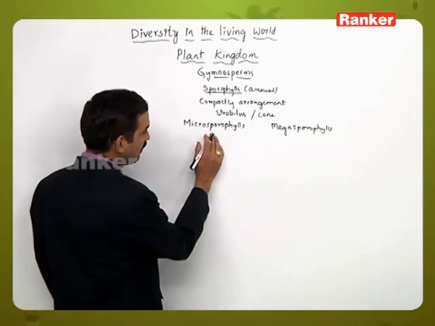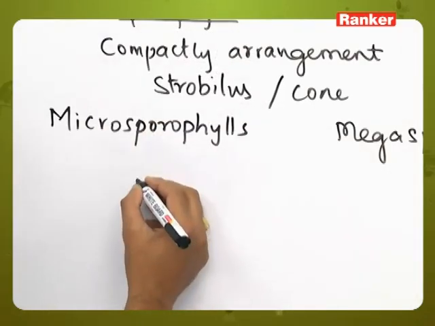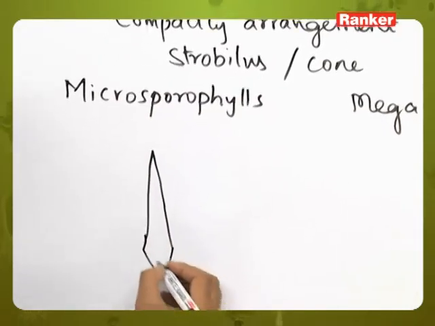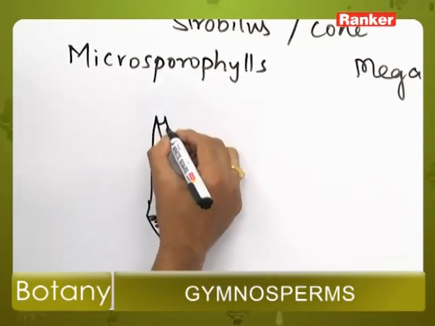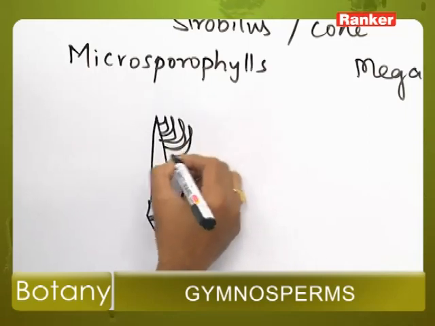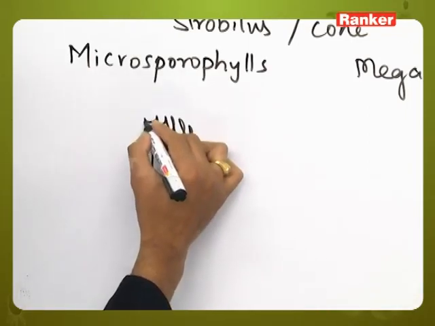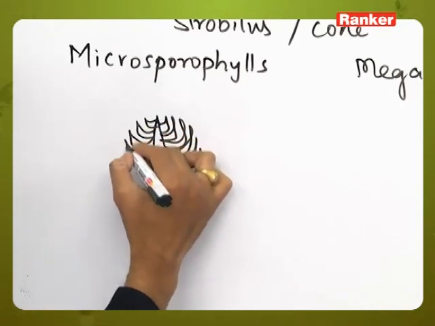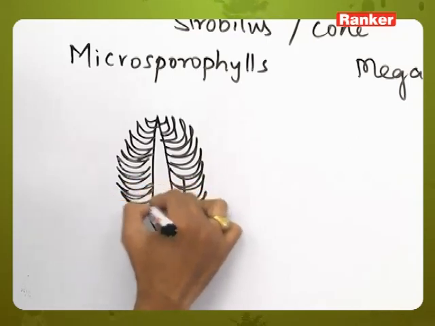When the microsporophylls are compactly arranged around a central axis, they have a small stalk, and on that they are arranged in an alternate manner. In the vertical section it appears like this.